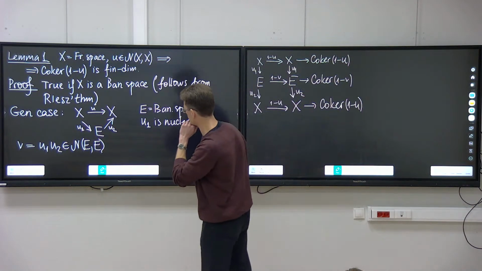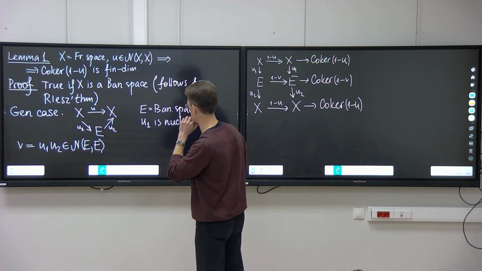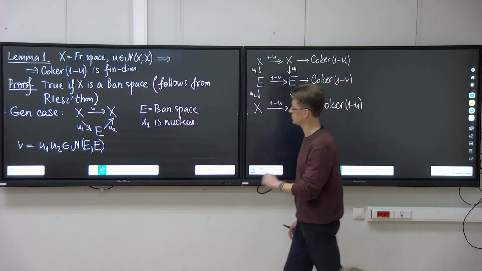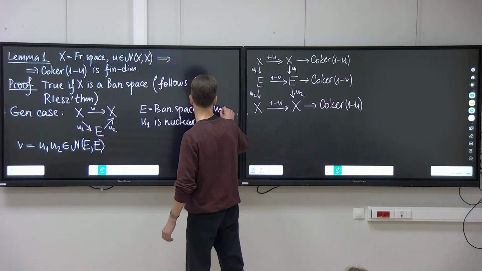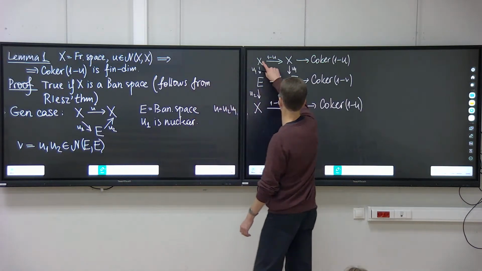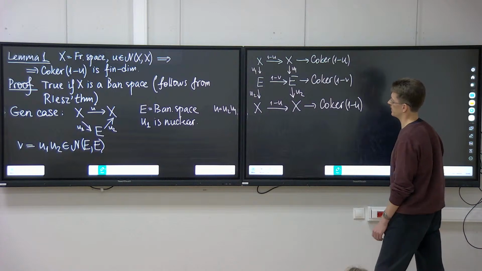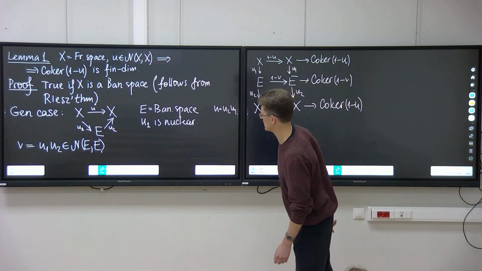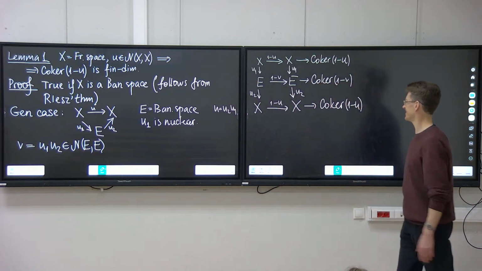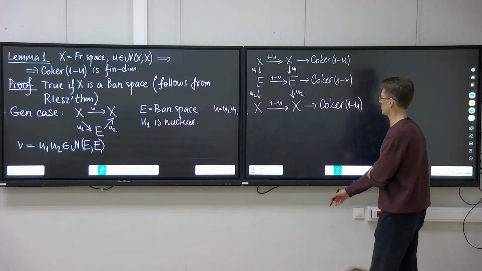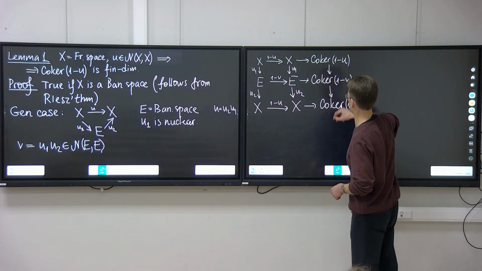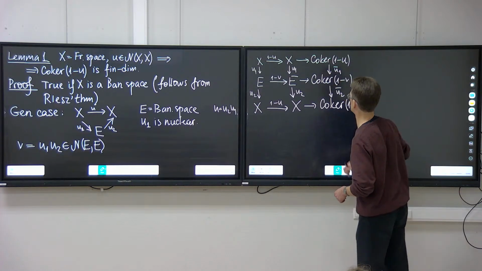Is that correct? Yeah, U1, U2, U1. So U is U1 U2. So this composition is U1 minus U1 U2 U1, and this composition is U1 minus U1 U2 U1. Okay, that's true. So the diagram commutes, and as a result we have induced maps here, which will be denoted by U1 bar and U2 bar.